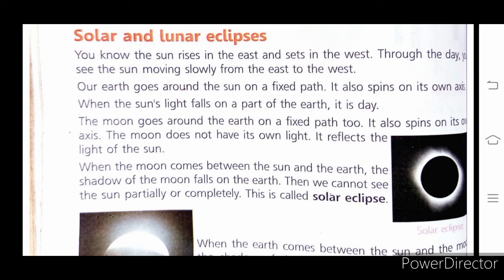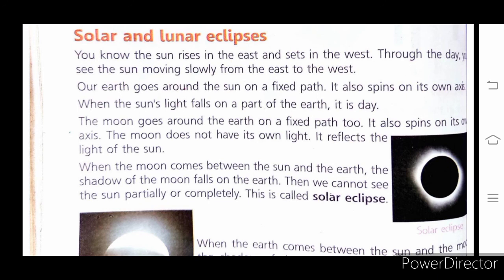See children, here is the difference between the solar eclipse and lunar eclipse. In solar eclipse, the moon comes between the sun and the earth. But in lunar eclipse, the earth comes between the sun and the moon. In solar eclipse, we cannot see the sun partially. But in lunar eclipse, we cannot see the moon partially.